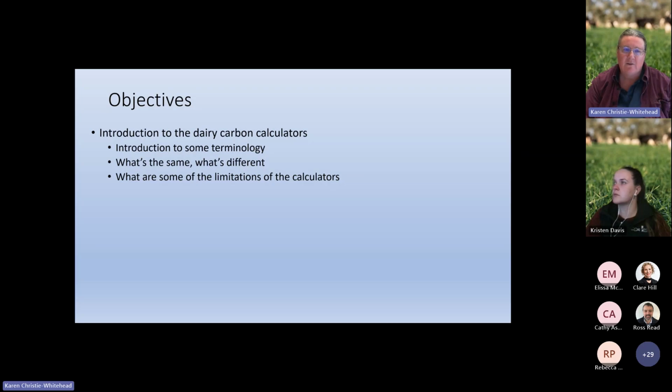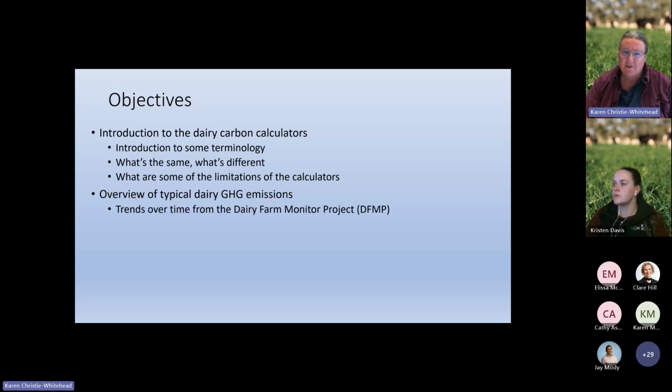Running through what I plan to present today: a bit of an introduction, and talk about some of the terminology we use in this space. I'll talk about what's the same and what's different between the 3 dairy-specific carbon calculators within Australia, and some of the limitations of the calculator. I'll then touch very briefly on some overall trends.